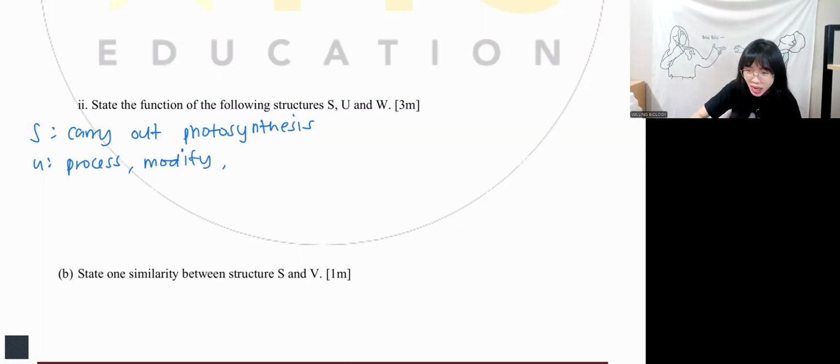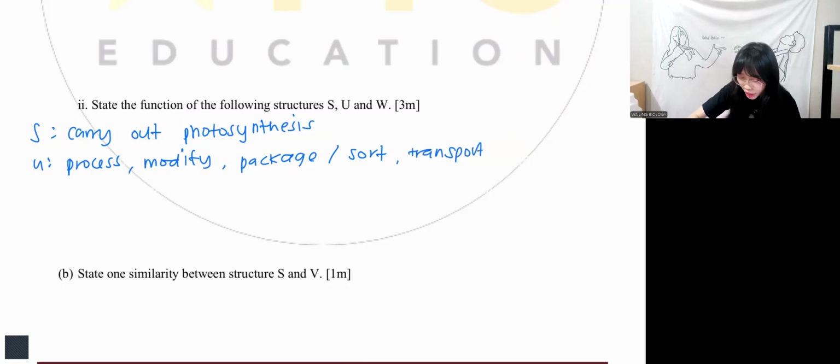And then next P, pack, correct. Package, or you can write pack, also can. Or you can write sort. The last one is transport, very good. What they modify, pack, sort, and transport is actually your protein. If it's only one sentence, just write this one. You can write protein, you can write carbohydrate, you can write glycoprotein.